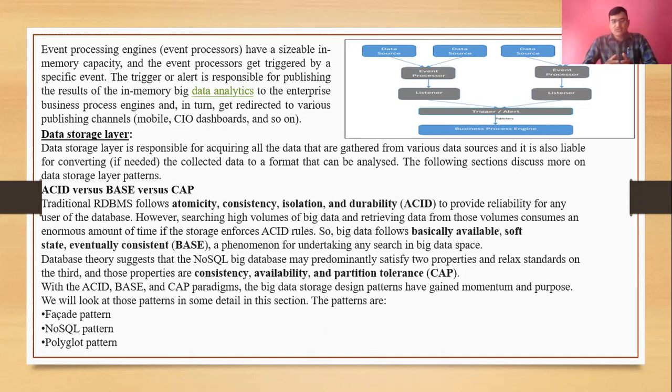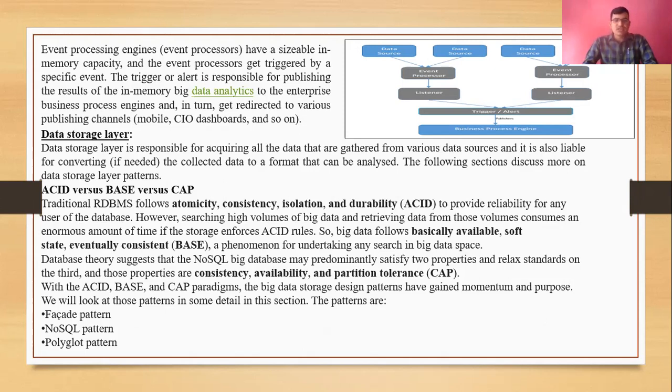So this data will be generated in a format that can be analyzed. A specific format will be generated in the data storage layer. ACID versus BASE versus CAP. Traditionally, RDBMS follows atomicity, consistency, isolation, and durability. This is ACID, to provide reliability for any user of the database.